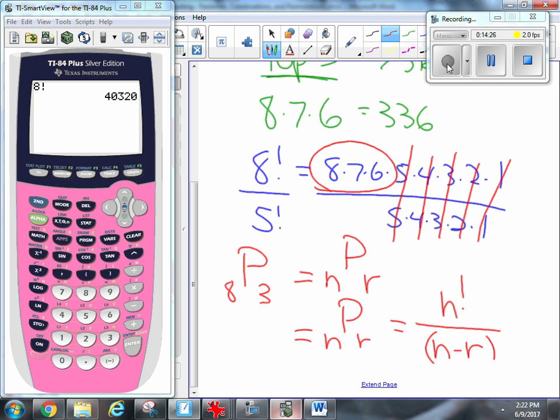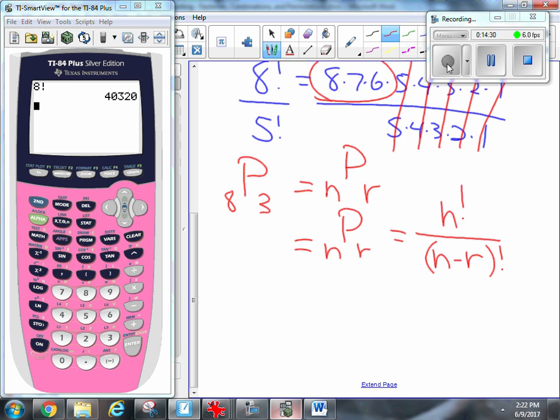So you can see it in our example right here. I had 8 factorial divided by 8 minus 3 factorial, which is equal to 8 factorial divided by 5 factorial, which is exactly what we did right up here.